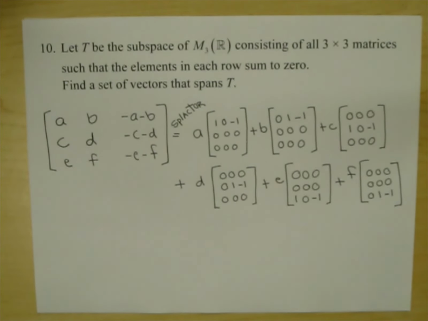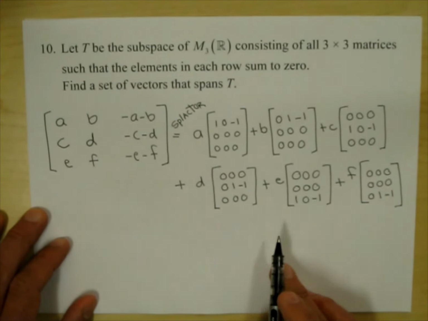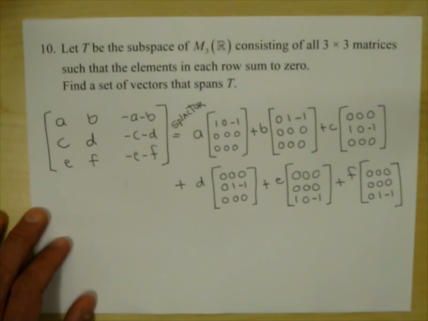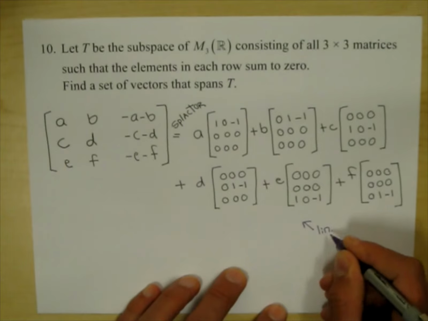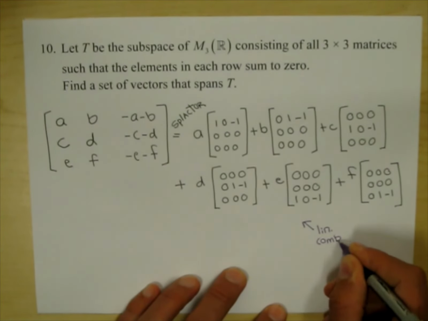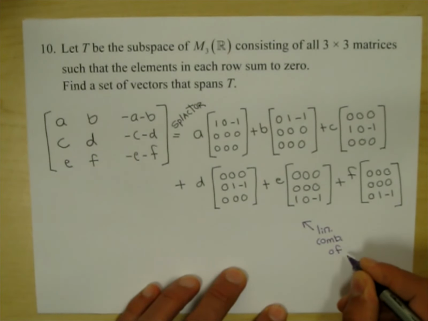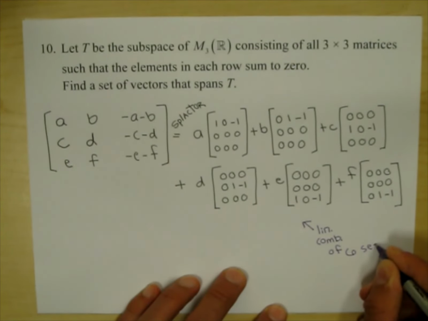Okay, so I wrote it all out. This right here is a linear combination of 6 seeds.